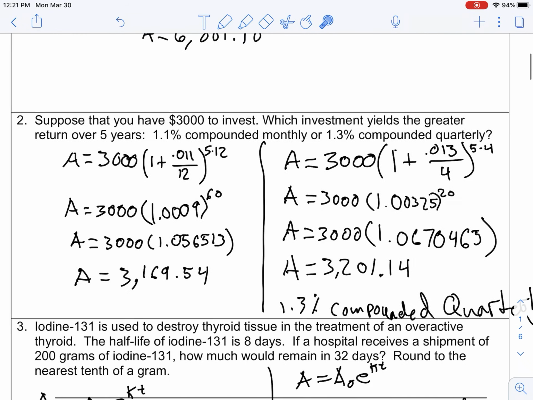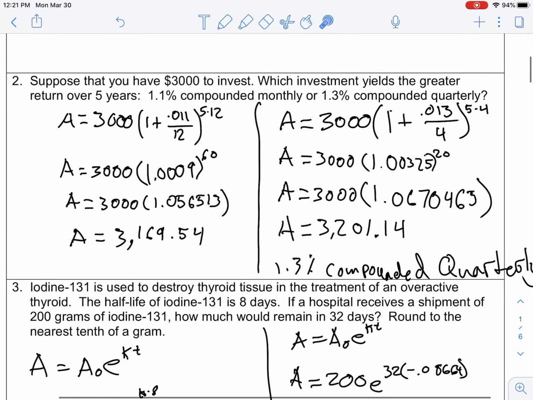Okay, number 2. This we are comparing if it is better to go with compounded monthly at 1.1% or compounded quarterly at 1.3%. So we're going to be using the same principal. So I'll highlight that in blue. That's our principal. So we have that same number there.